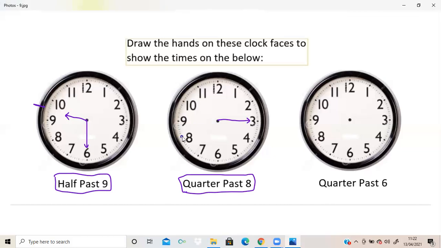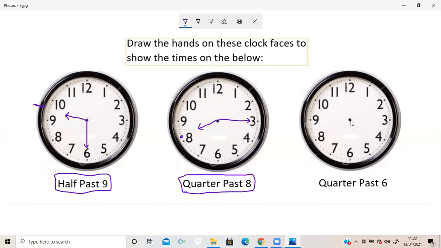This is the point, and you can draw the hour hand like this. So this is the time, 8:15.